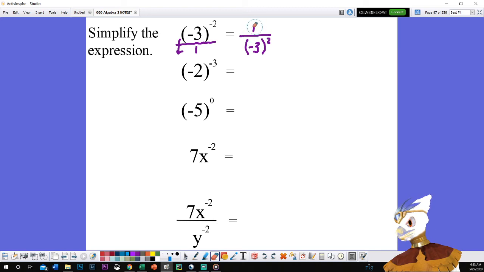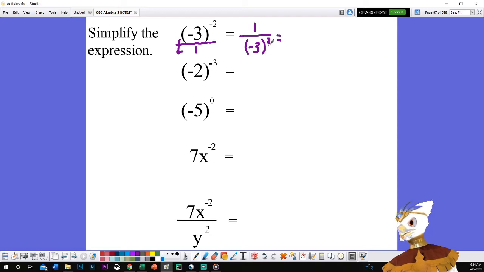Actually, when I did this, I should have just left it like that. So I just moved that negative 3 to the 2nd down. And if I wanted to put a 1 out here, I could, but there's really no reason to. The problem is, my fraction here is topless, and I'm not allowed to show you a topless fraction, so you always put a 1 there.